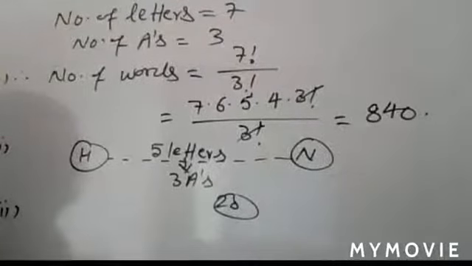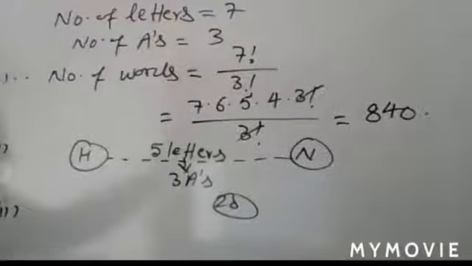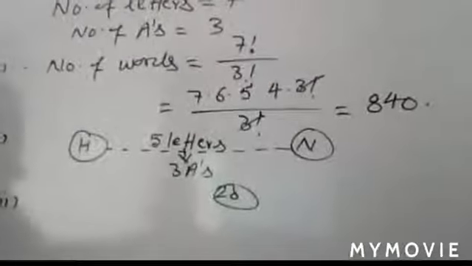Here it asks, how many of these have H and N together. Here H and N are distinct letters, so H and N can arrange themselves in 2 ways, meaning factorial 2 ways. And if they are together, they are treated as one letter. You have to write all that explanation in your solution.